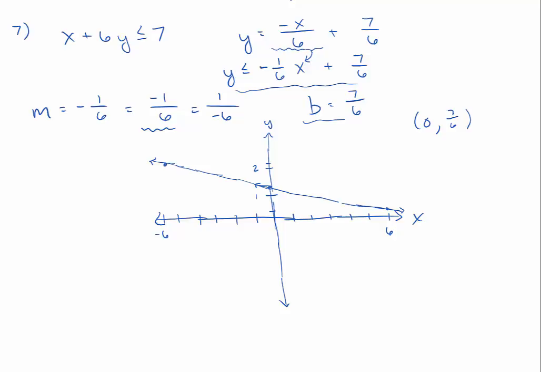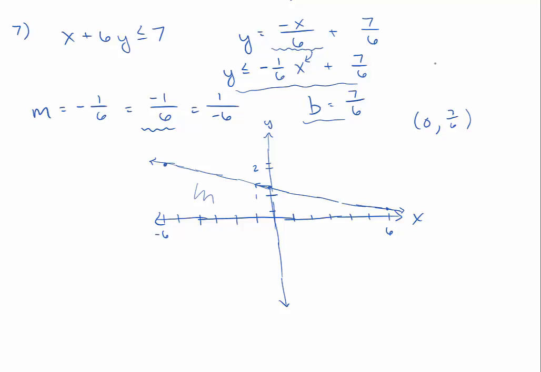Remember, we went over this in the video about inequalities, but if you ever multiply or divide by a negative, you have to flip the inequality sign. We didn't do that in this case. So it's y is less than or equal to negative 1/6 x plus 7/6. You could say, well, it's less than, so I'm probably going to shade down here. But mathematically, 0, 0 is not on the line, so I'm going to choose that.